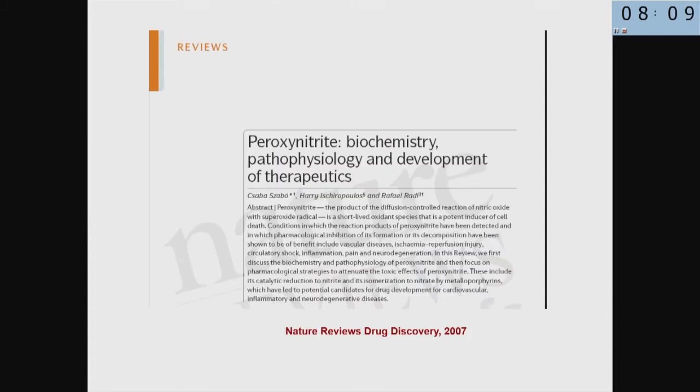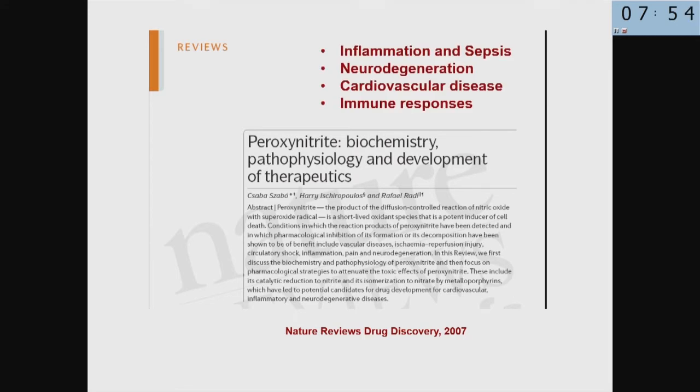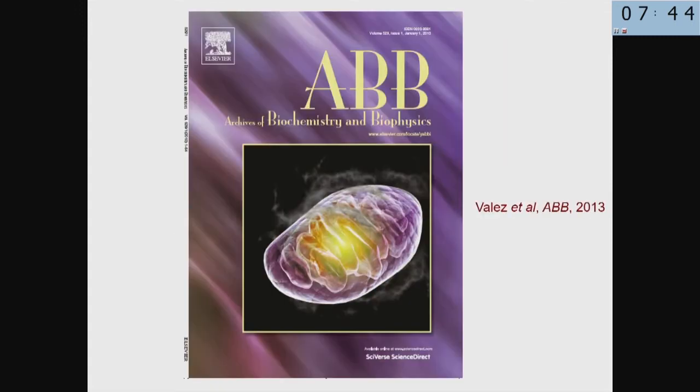So a decade ago already, we put together a review article where we put some of these ideas together in terms of the shift of the physiological chemistry of NO towards pathology, and many different groups have contributed and found that this mediator participates in inflammation and sepsis, neurodegeneration, cardiovascular diseases, and immune responses, and we'll touch a little bit on this in the next few minutes.